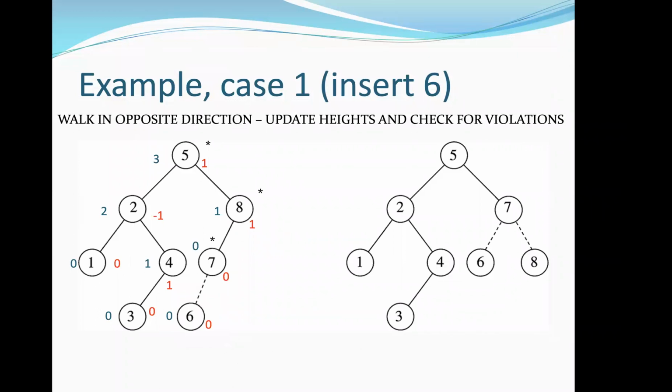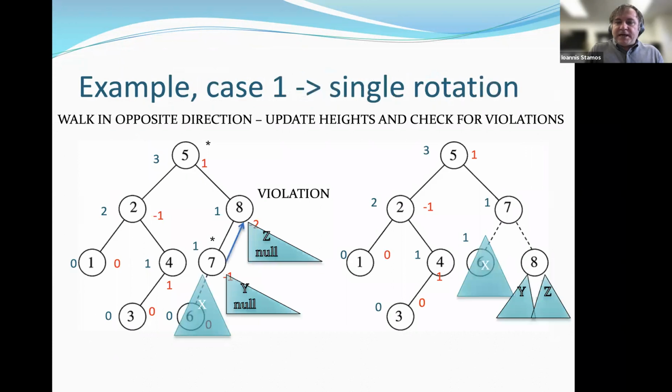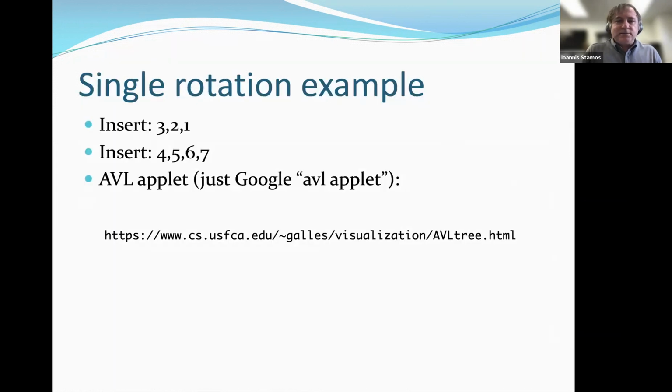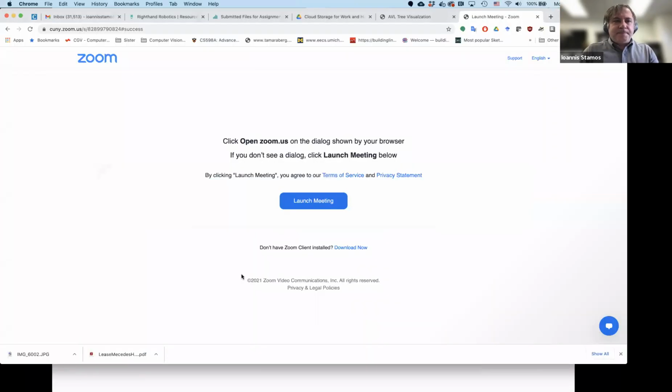But when you get the rotation, the heights of the nodes in the rotation may be updated, and we'll see how it's done through the code. And then no other height is going to be changed. Okay, all right. So let's try to do 3, 2, 1, 4, 5, 6, 7 in an applet.